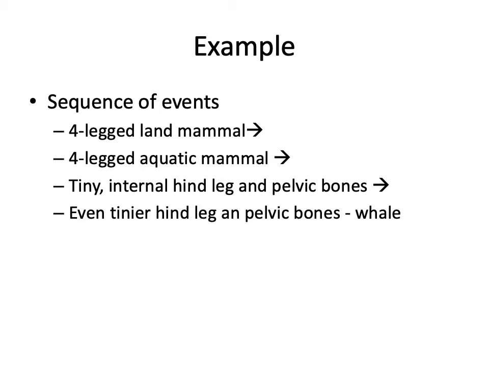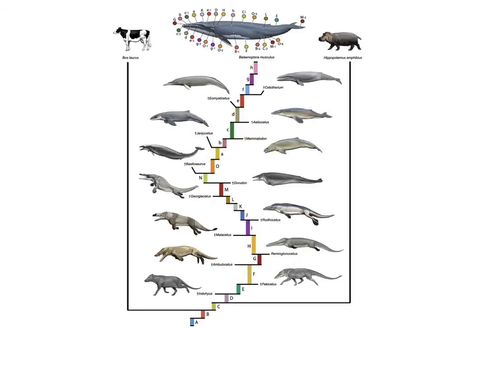And even more recently, all remnants of the hind legs are internal. They're just tiny remnants of the bones they had in the past. And this is what whales have. This is the evolutionary history of whales.